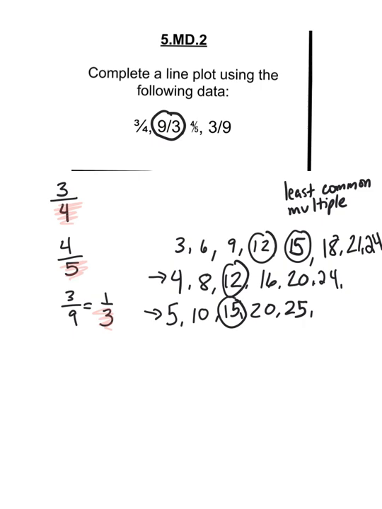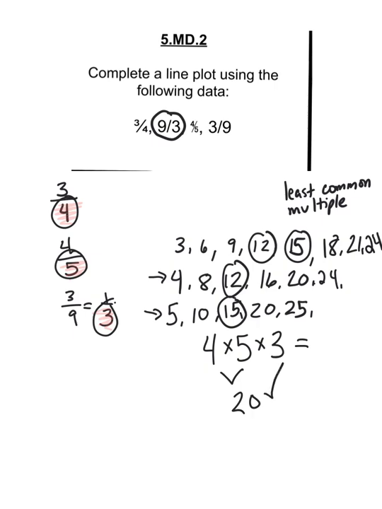Okay, so now we're getting to the point where we've come up with all these multiples and still haven't found the least common multiple. So in a case like this, the easiest thing to do is to take your 3 denominators and just multiply them together and use that as your common denominator. So we're going to multiply 4 times 5 times 3. 4 times 5 is 20, and 20 times 3 gives us 60. So our common denominator for these is going to be 60.